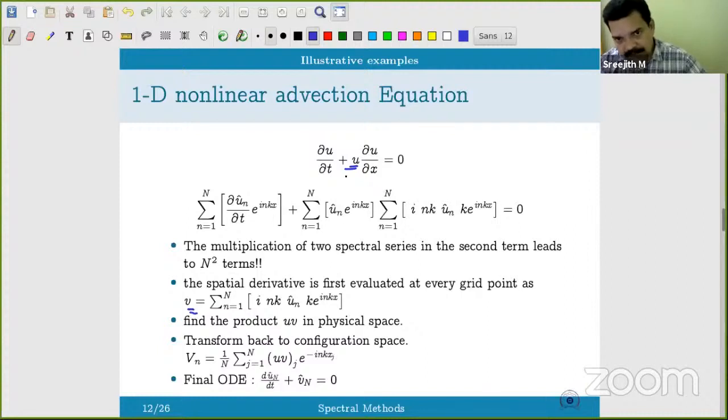So the nonlinear term is calculated in the physical space itself. Then you can use that product term in the equation, and du_n/dt + u_n = 0. So you have converted that into an ordinary differential equation.